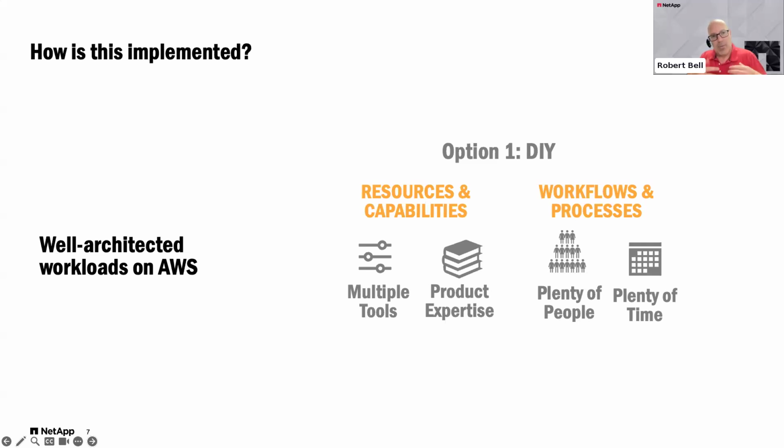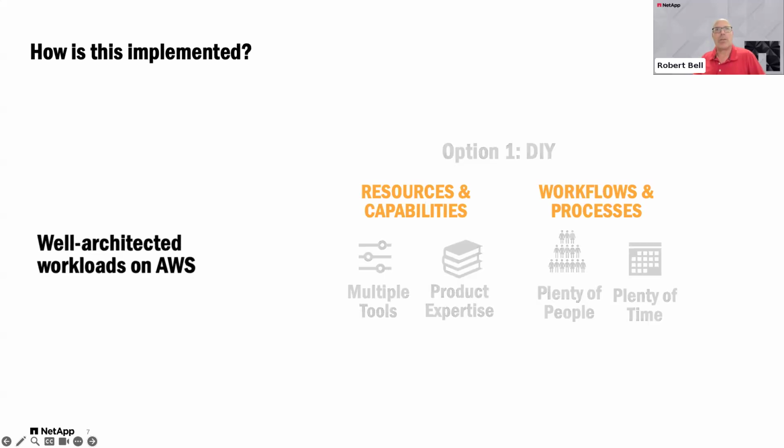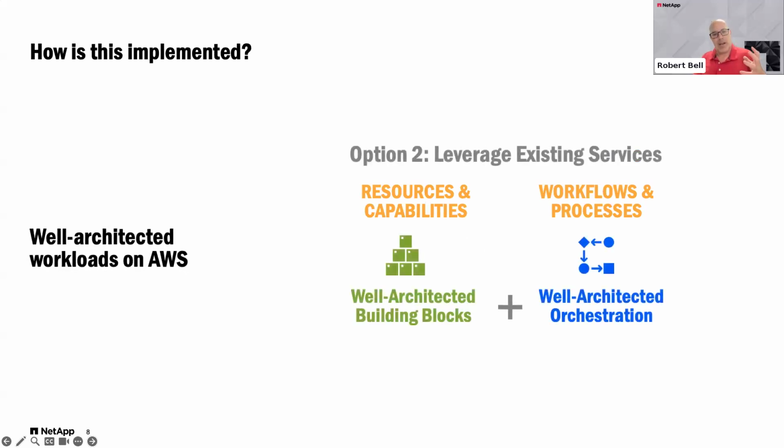Now, what we're going to talk about is the new approach, which is much more common today, which is to find specific services in AWS that include building blocks. So it's not a service with a single purpose, but rather a service that can provide lots of different options for deployment and configuration, depending on your needs, and attaching that with an orchestration tool which knows how to adapt these building blocks to whatever it is you need.